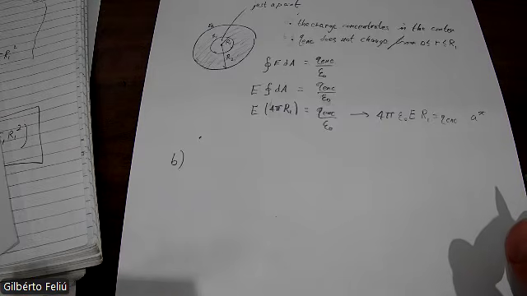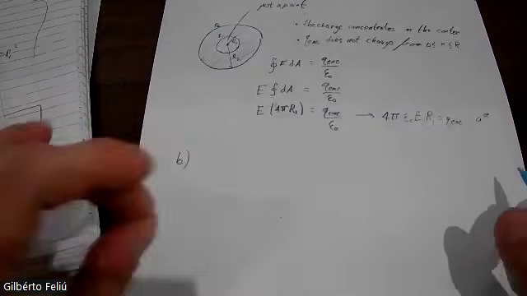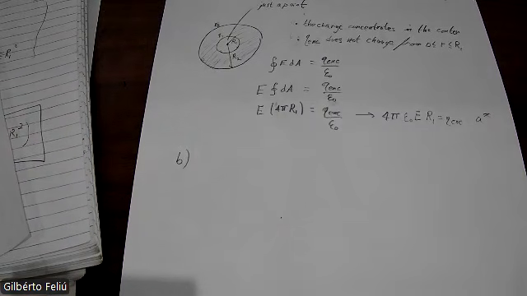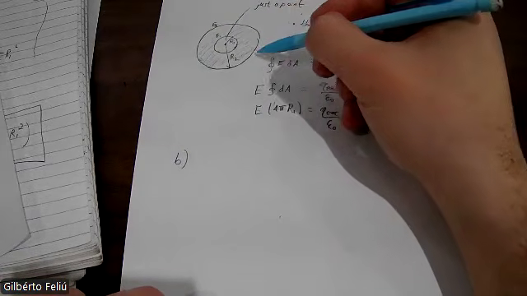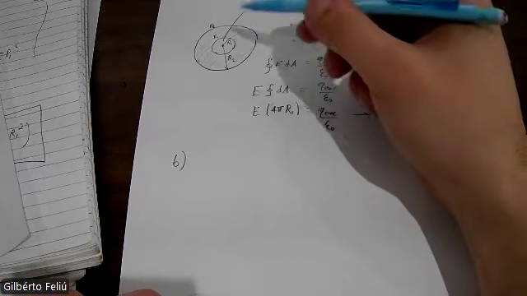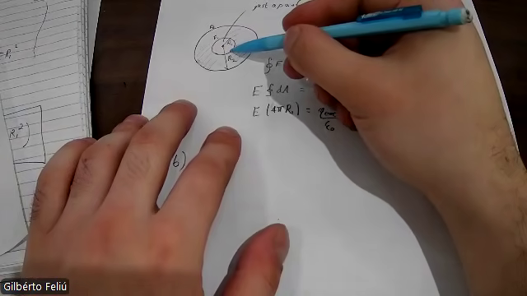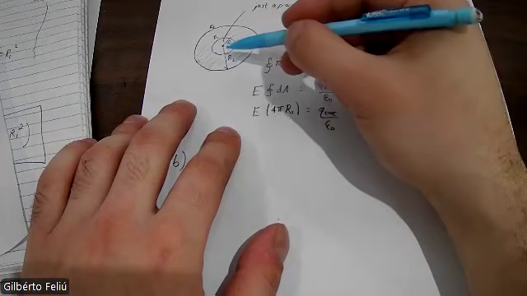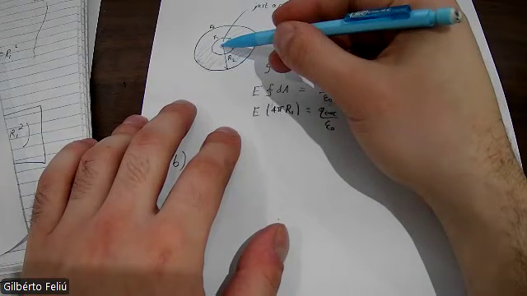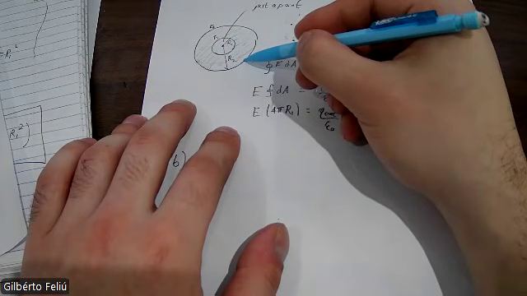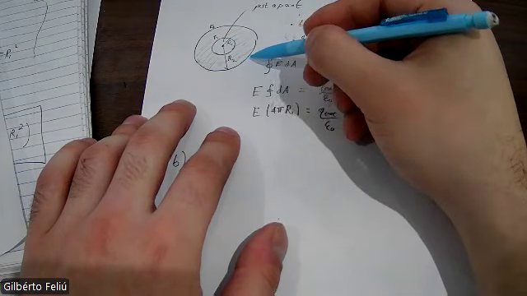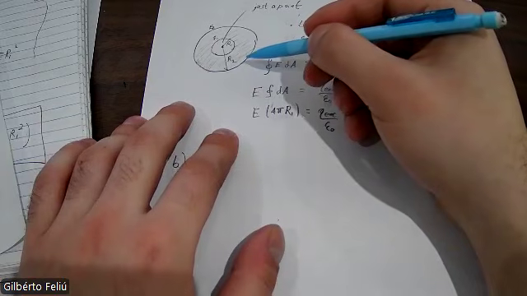And what does that mean? That does not sound like it makes any sense. Well, it does. Because if we remember that these surfaces have charge distributions over them, this sphere around R1 encloses a different charge than this bigger concentric sphere.